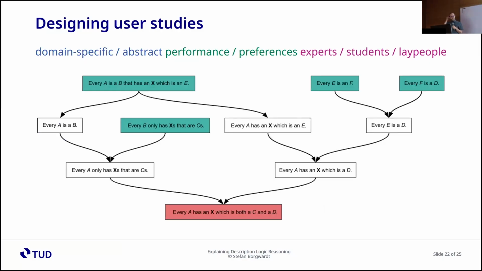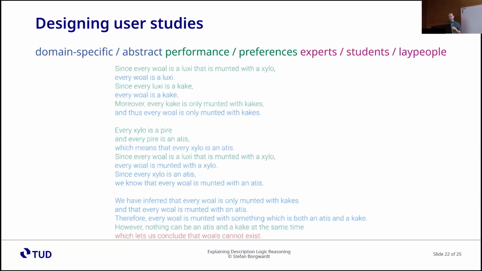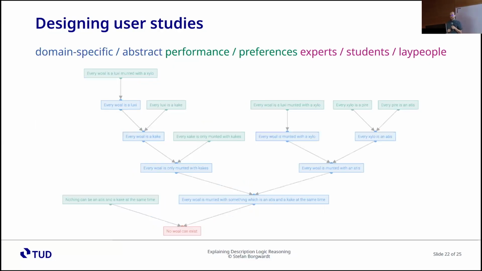Or you can show this in a DAG fashion, where you can also allow to reuse nodes, or you try to linearize the text to make it easier to follow the structure a little bit. Or as I said, we also did some studies with these Evee-based proofs, where you can also interact with the proofs.